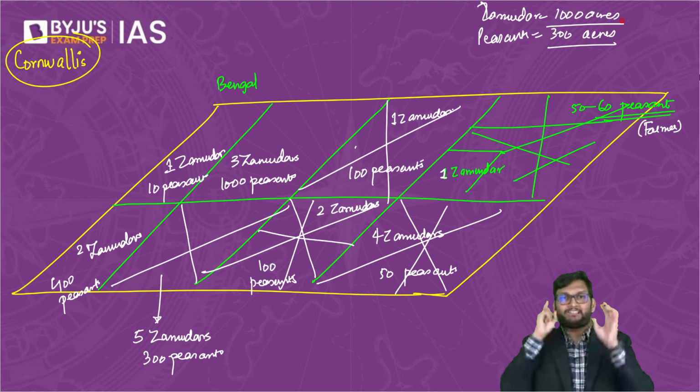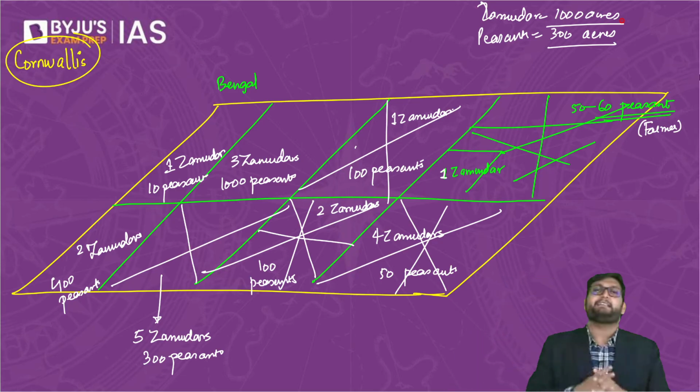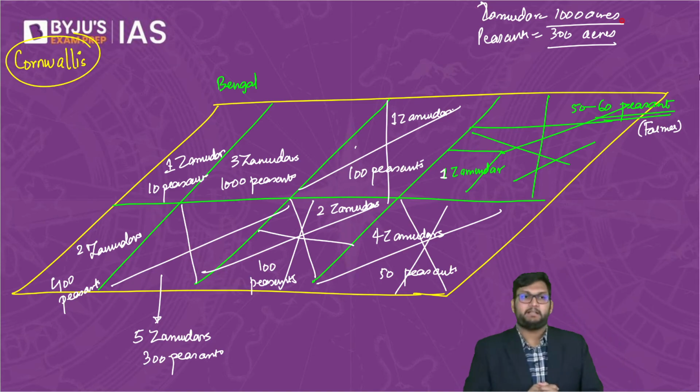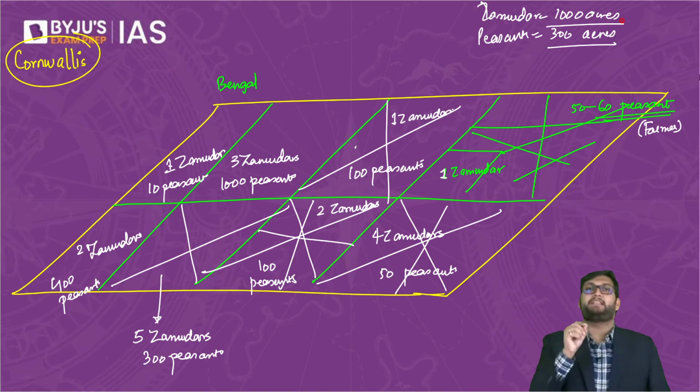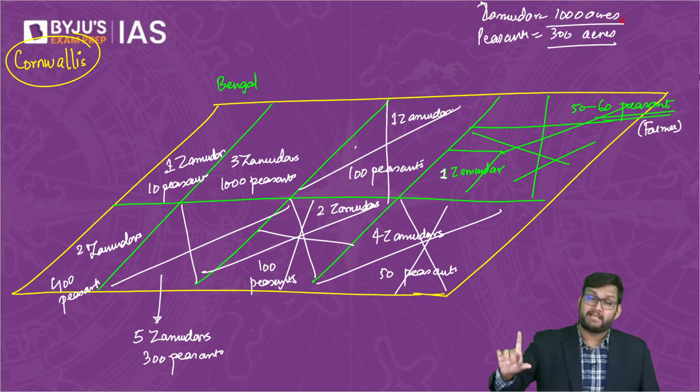So Cornwallis now has an idea. And the idea is, let's do one thing. Let us make the zamindar our tax collector. But the problem in this system is, as soon as the zamindar is given the power to collect taxes, he is also temporarily transferred land ownership of all land.